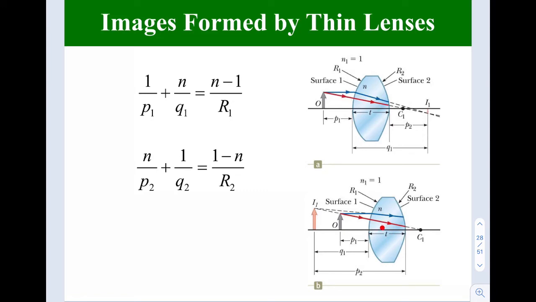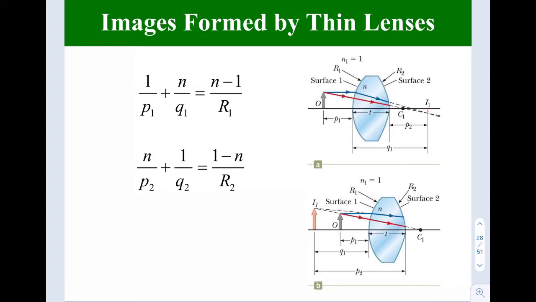Therefore, regardless of the type of image from surface 1, whether it's virtual or real, the same equation describes the location of the object for surface 2 based on our sign convention just now.